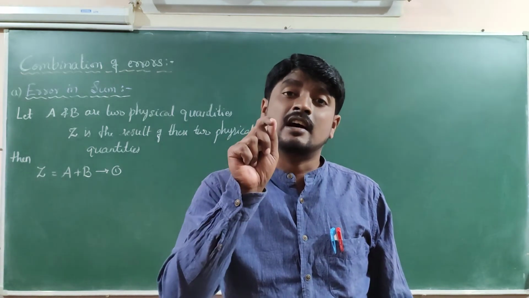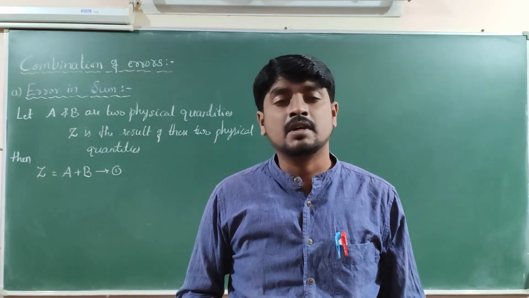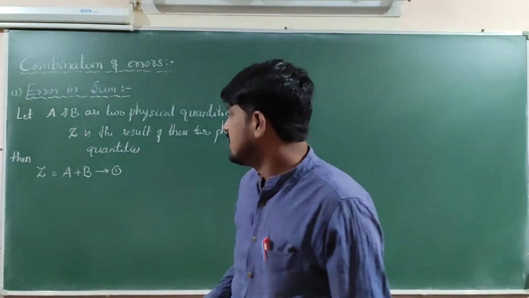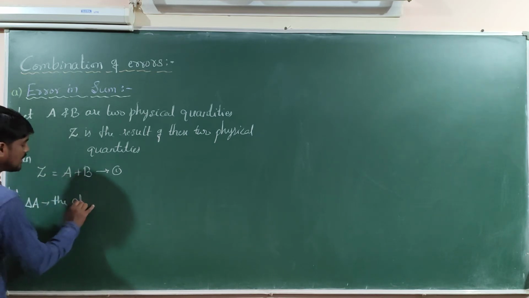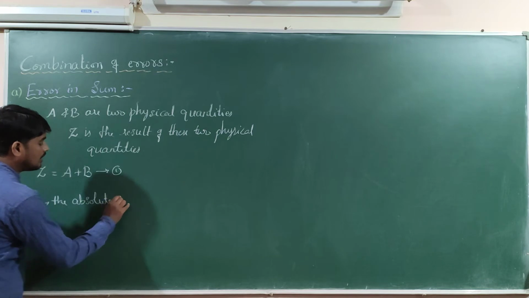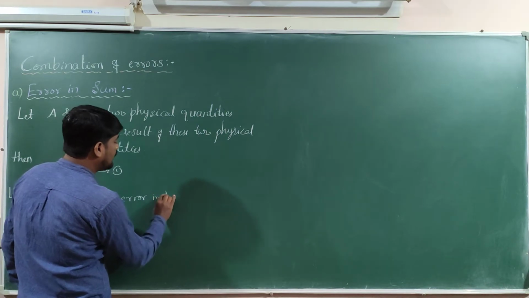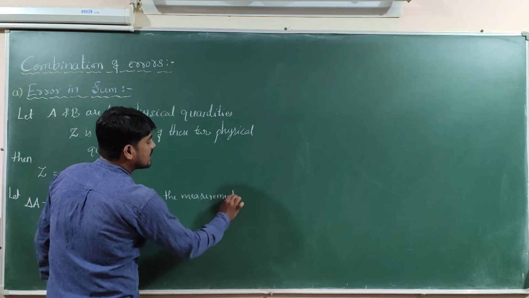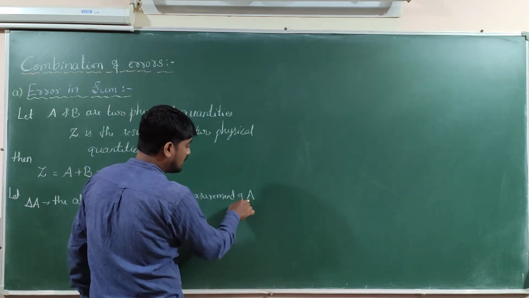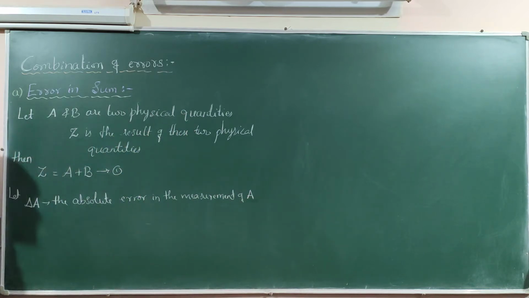Delta A, delta A1, delta A2, how we calculated in the previous video. Let delta A be the absolute error in the measurement of A. That means I am writing an exam of 400 marks, but in that 100 marks I have not scored 100, I have scored something less than that.